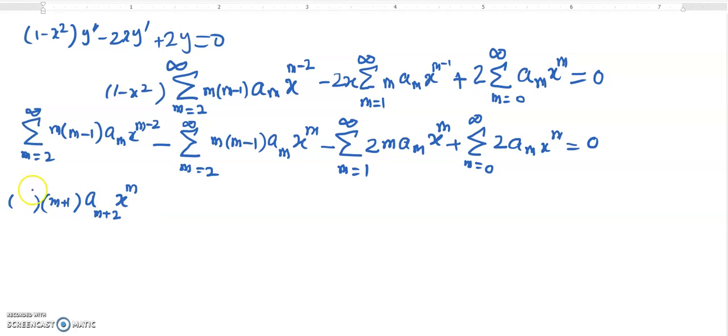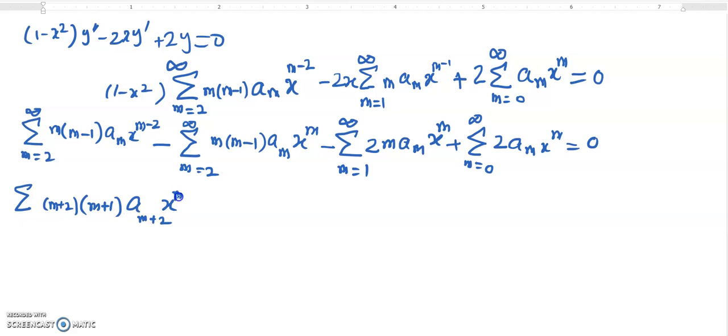Oops, I don't have any space left over here, so let me write it again: x to the power m, a_(m+2), m plus 2, m plus 1, and then it will be sigma.